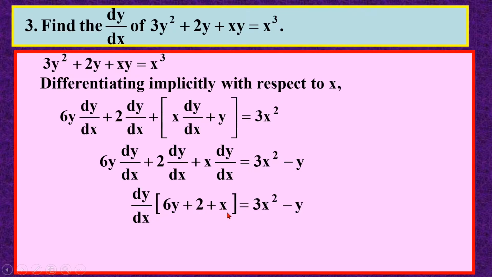Once that is done, I'm going to divide both sides with 6y plus 2 plus x. So my answer will end up like this. Now, let's see. Is there anything else to factorize or to simplify? If no, then this is my answer.